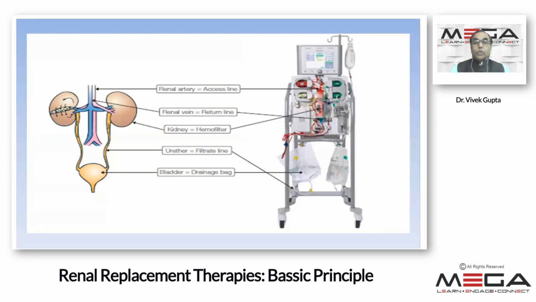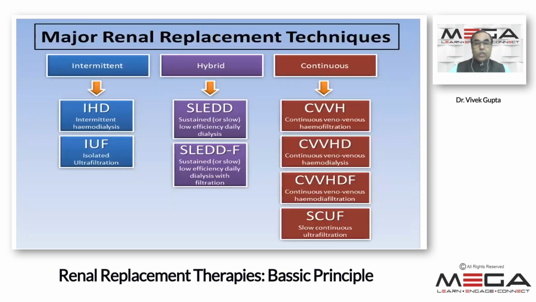And the function of the kidney is being replaced by the filter, our hemofilter, as we call it. Then the filtrate line is basically a ureter, and the drainage bag is like the urinary bladder, where the urine is collected.